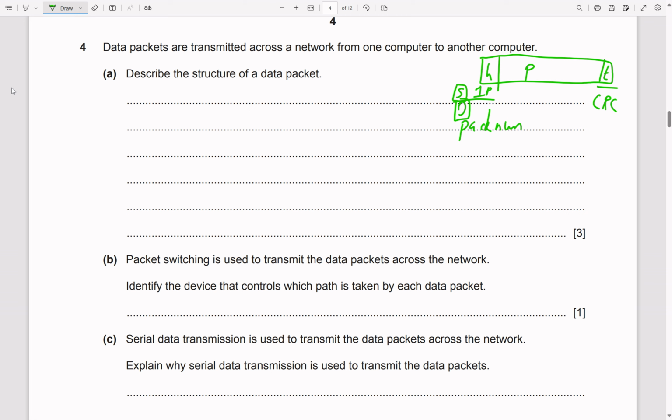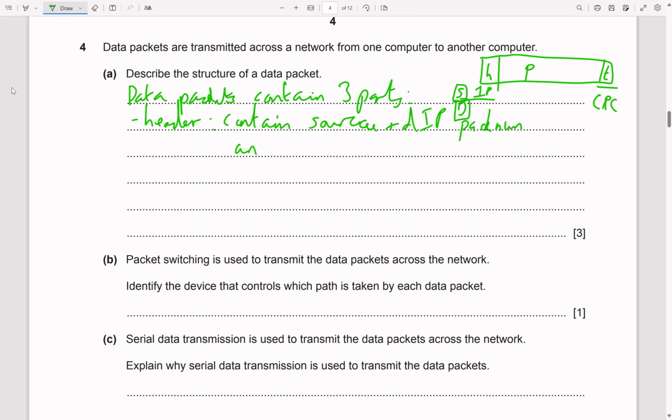So let's say data packets contain 3 parts. I'm going to do it as bullet points. Header, which contains, in shorthand, source and destination IP, and the packet number.